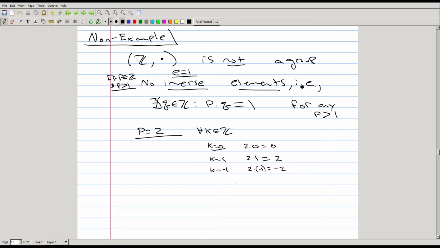And for any other value, k times p, or 2 here, is going to be either strictly less than negative 1 or strictly greater than positive 1. Because of this, there are no values of k that we can multiply by p to get the identity element 1, which means that this set is not a group.